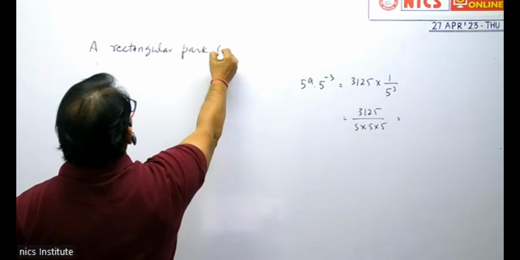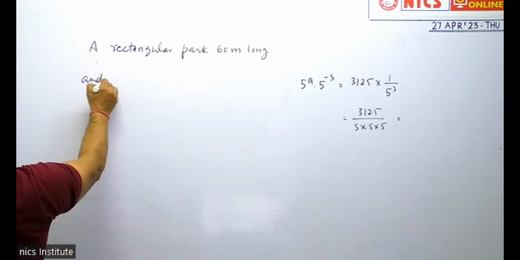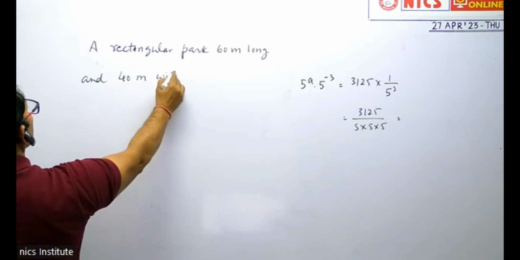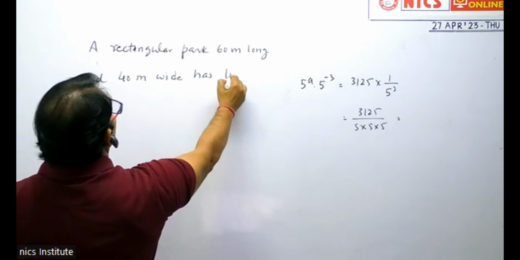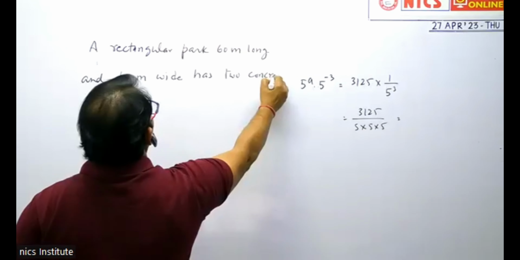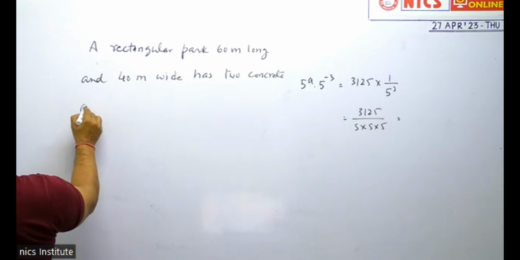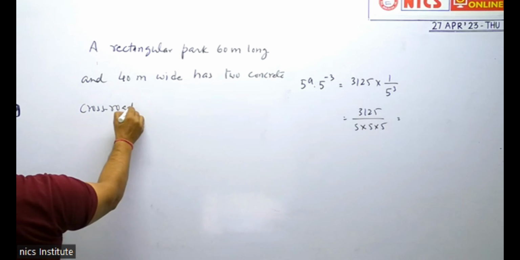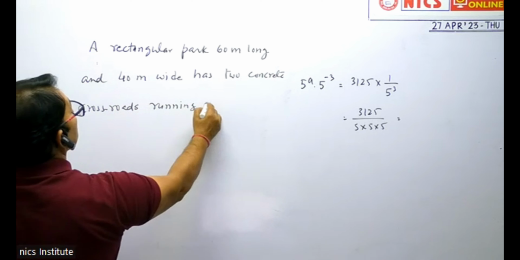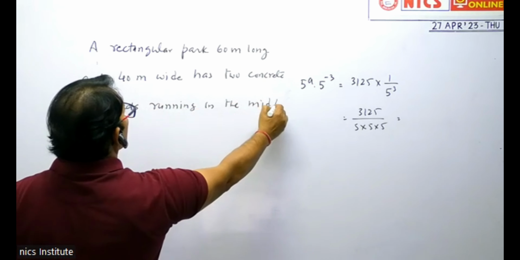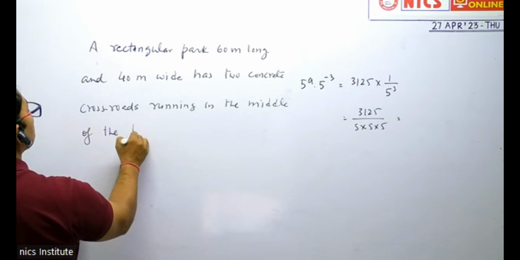A rectangular park, 60-meter long and 40-meter wide, has two concrete crossroads running in the middle of the park.